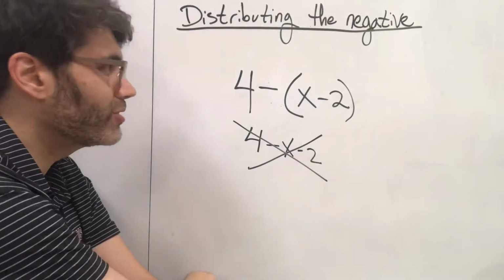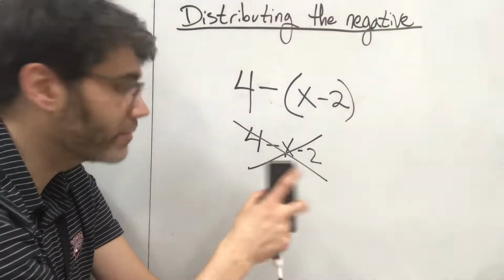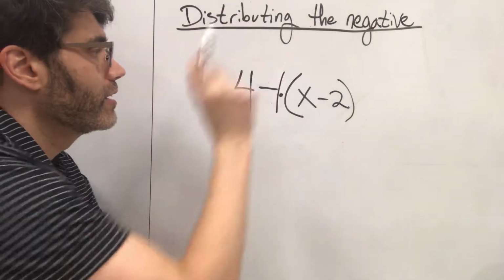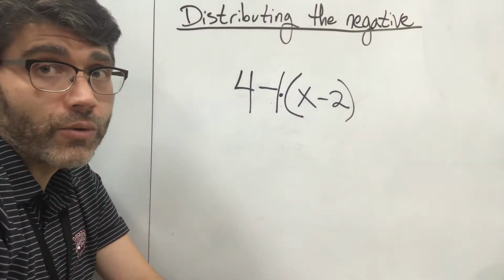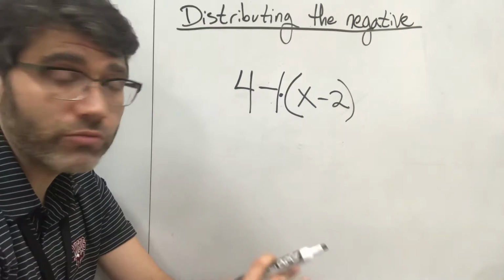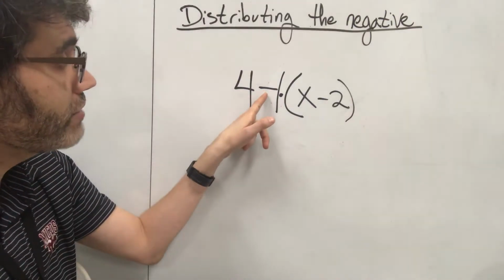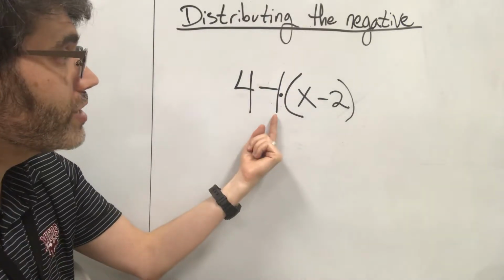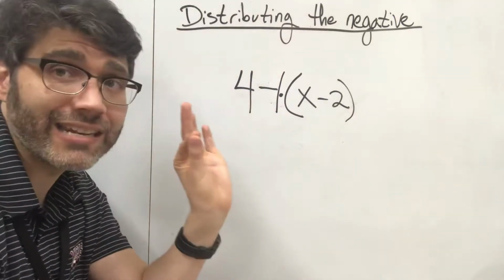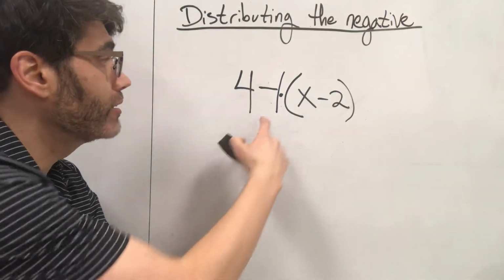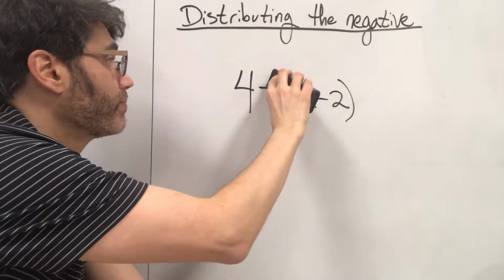You're like, but there's no number there to distribute. Yes, there is. There's a -1. It wasn't there, and it won't be written for you, but you need to assume that there's a -1 right there, okay? So this -1 was hidden, but it's very important to put it in yourself.